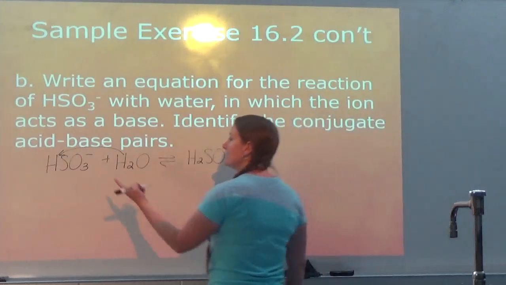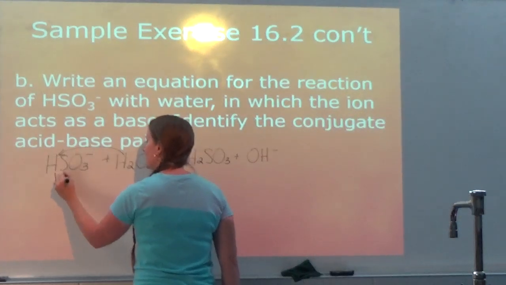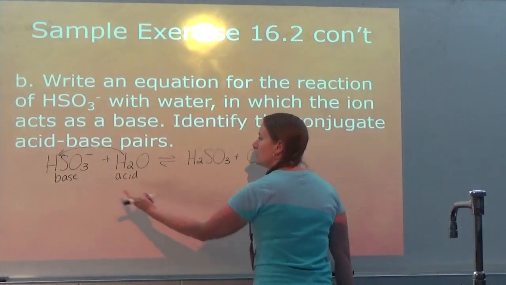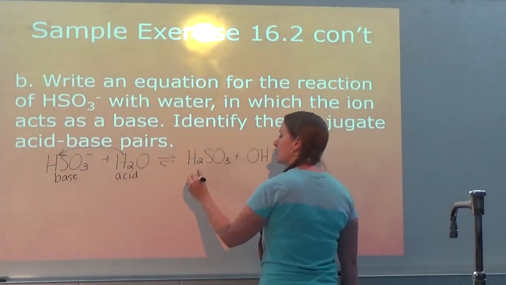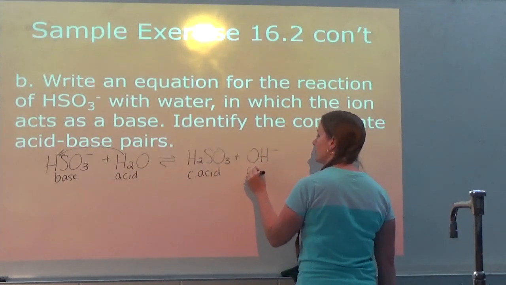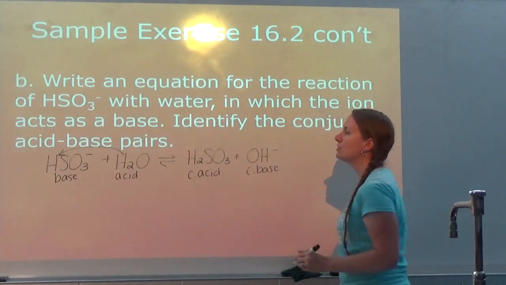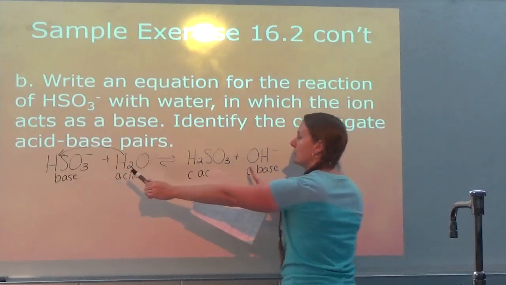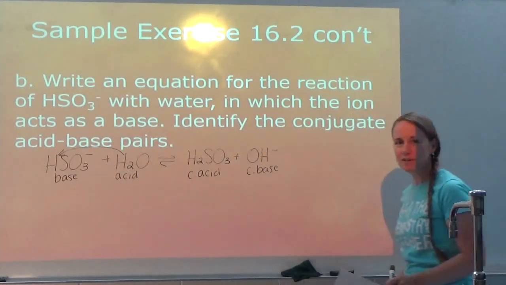This time, since it's accepting, it's the base. Since water is donating, it's the acid. And so once it gains a hydrogen, it is now a conjugate acid. And once water loses a hydrogen, it is now a conjugate base. So of course our pairs would be this, because they differ by one hydrogen, and this, because they differ by one hydrogen.